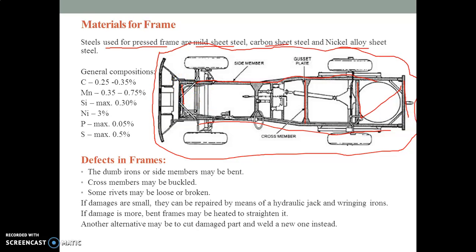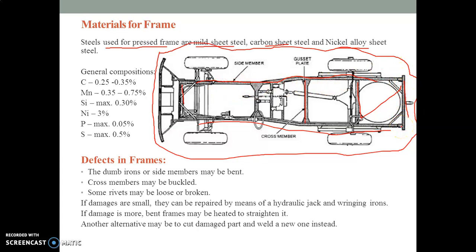The frame is upswept at the rear and front to accommodate the movement of axles due to springing. It also keeps the chassis height low. The frame is narrowed down at the front side, as shown in this diagram, and here is the dumb iron to act as a bearing for spring shackles.